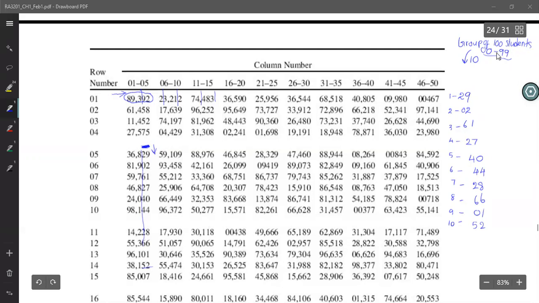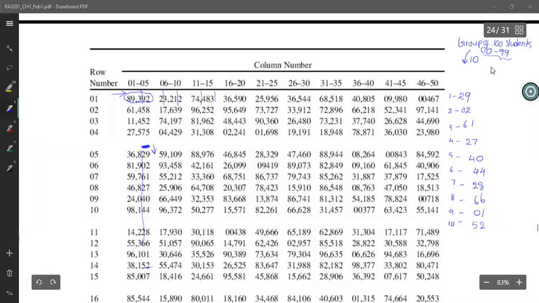Still you have 100 students. You have to choose only 10 out of these 100. You name these 100 students starting from 0, 0 to 99. So the 0th student is your first student in the population, 01 is the second student in your population, and so on.